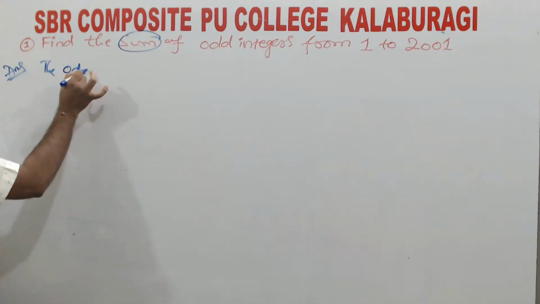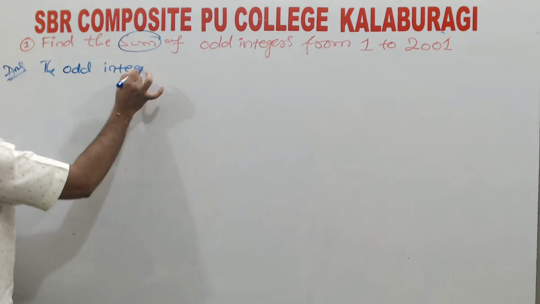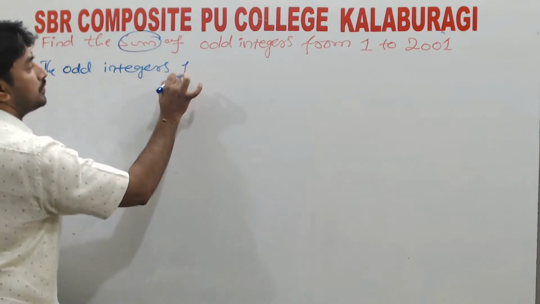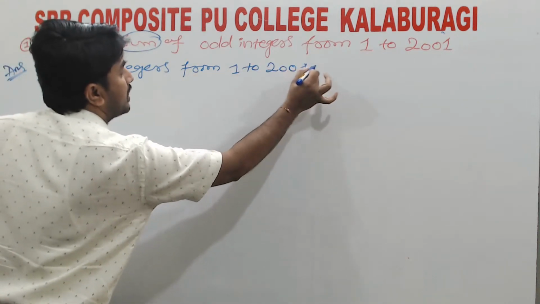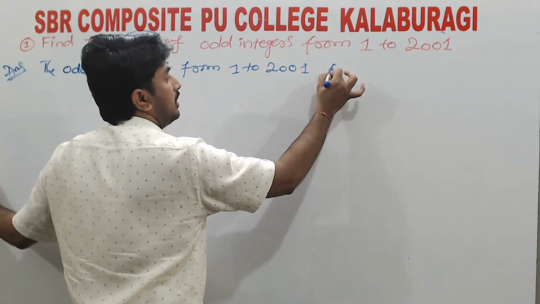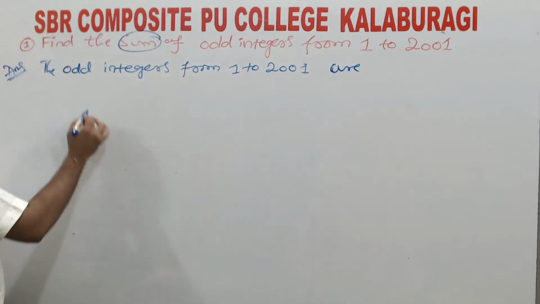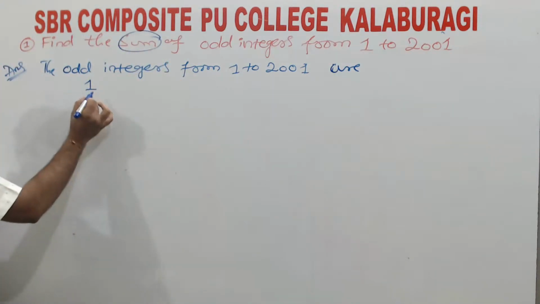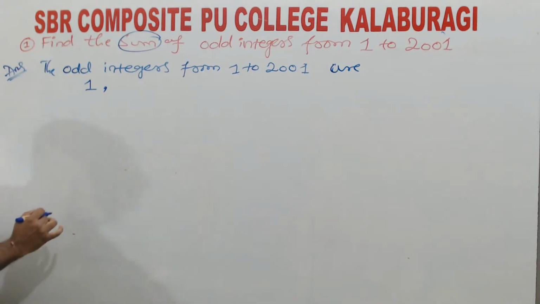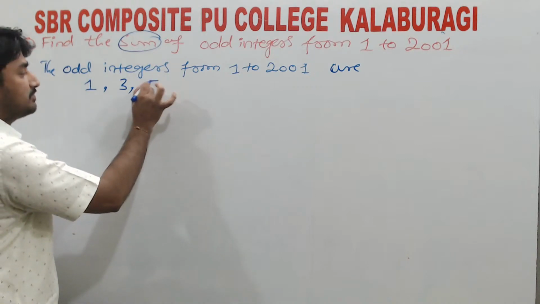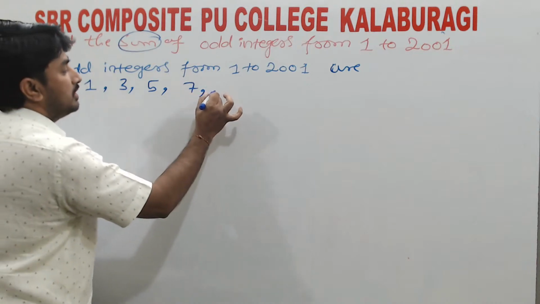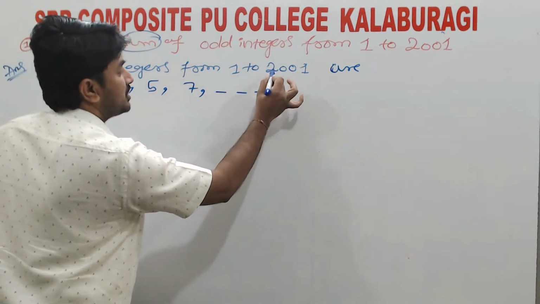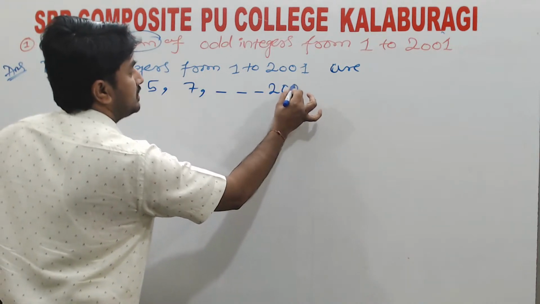The odd integers from 1 to 2001 are 1, 3, 5, 7, and so on. The last integer is 2001.